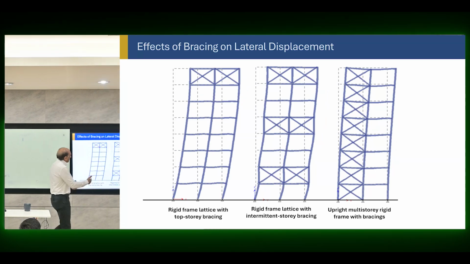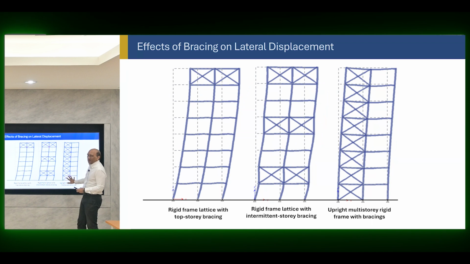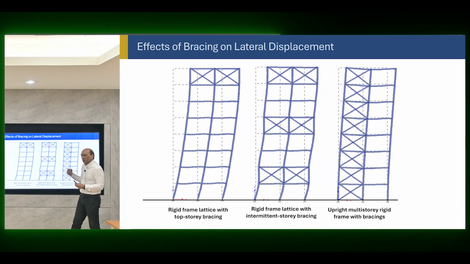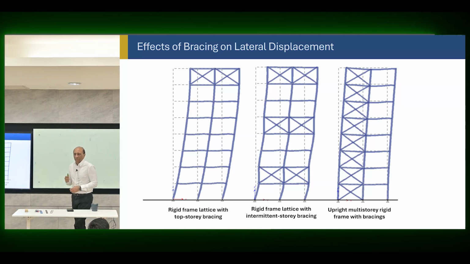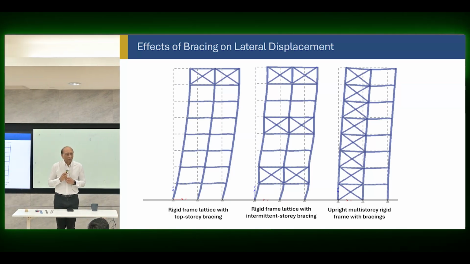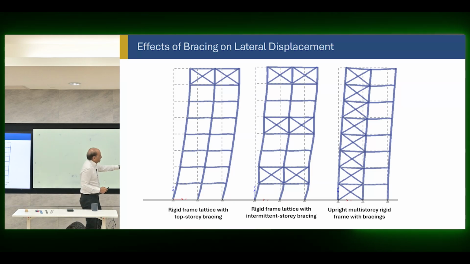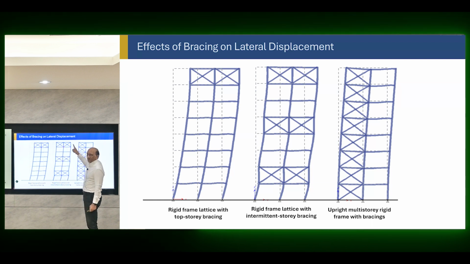And then you can put it at many locations, as you can see here: one location, three or four locations, all the bays in one direction. So every single decision alters the displacement pattern and the drift. These four slides indicate that everything is in our hand. We are in charge of optimizing the structure's framing system, or structural configuration, to get exactly the drift and the displacement that we want, because each intervention changes the displacement here.